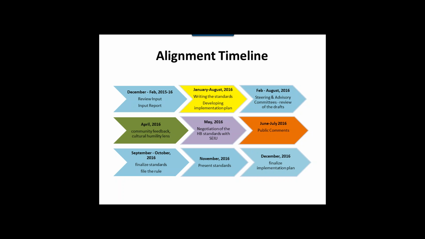Then in the summer, the timeline calls for making the WACs publicly available through the official process and receiving official public comment. And then in the fall, we will finalize the standards and do all of the rest of the legal niceties around the rulemaking, with presentation of the standards.